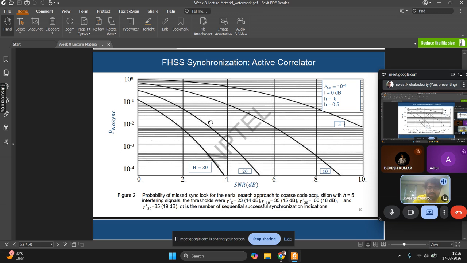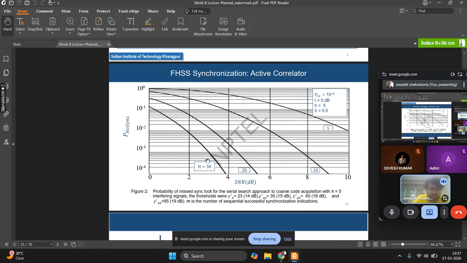Okay, so this is the probability of no sync for the false alarm probability of 10 to the power minus 4 at various settings, for the active correlator or serial search.